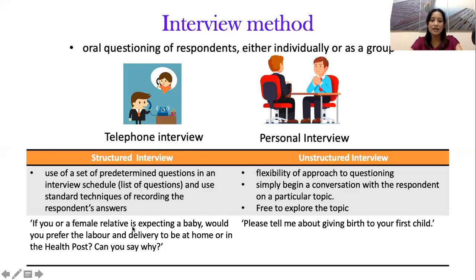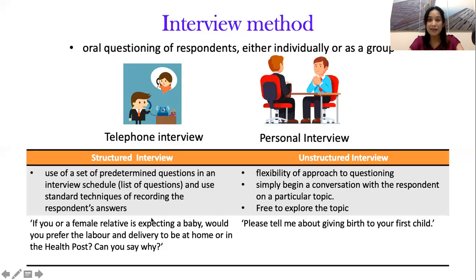In the health sciences, usually we lean towards doing a structured interview, which is actually easier to do than an unstructured interview, because doing key informant interviews or focus group discussions also takes a lot of skills. It's not as easy as just asking questions. It really takes a lot of skills because I've tried doing focus group discussions.